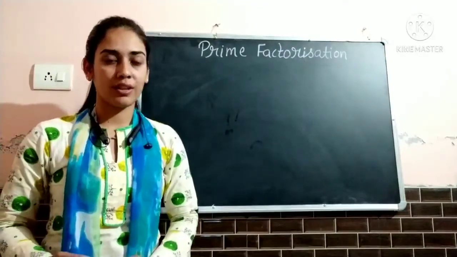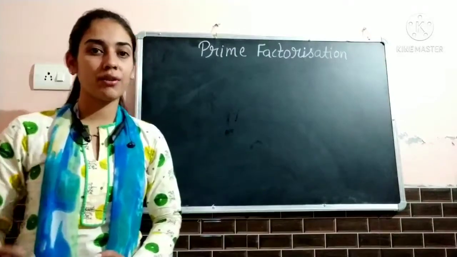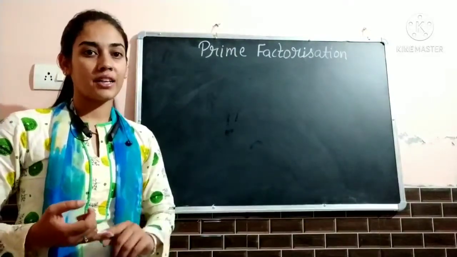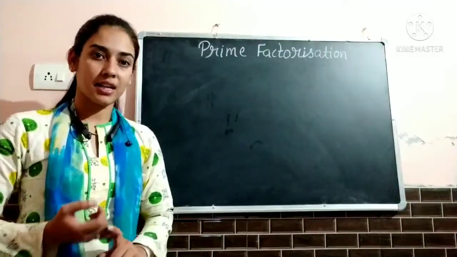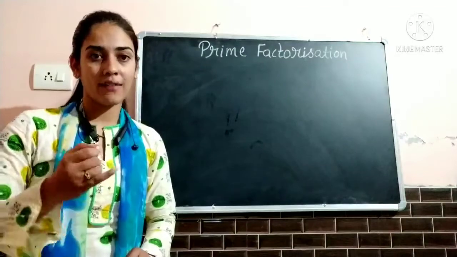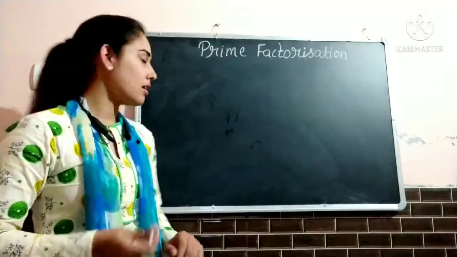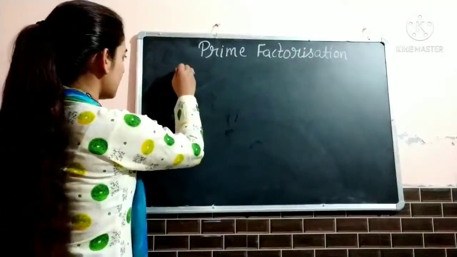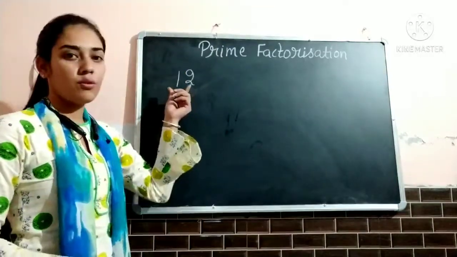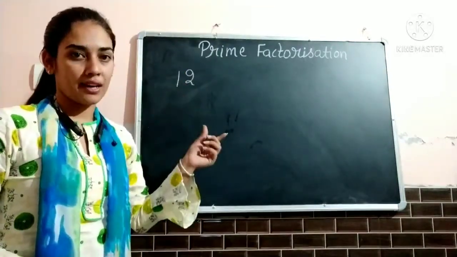So what is a factor? First the question arises: what are factors? A factor of a number divides the number exactly, with 0 as a remainder. Okay, I will give you an example. If I am writing here 12, what are the factors of 12?